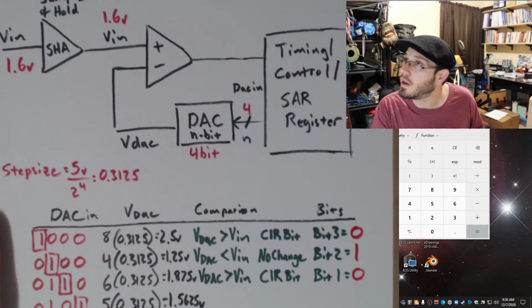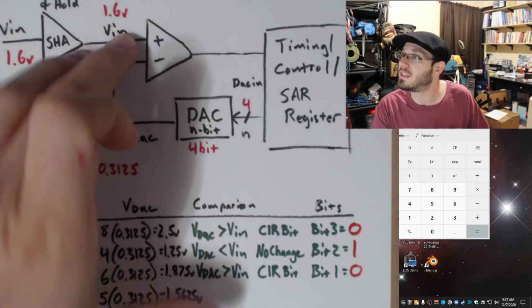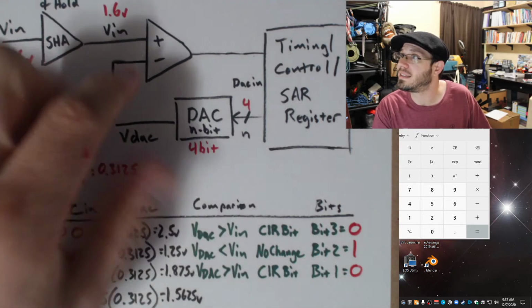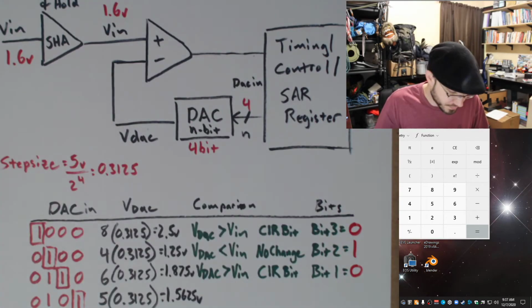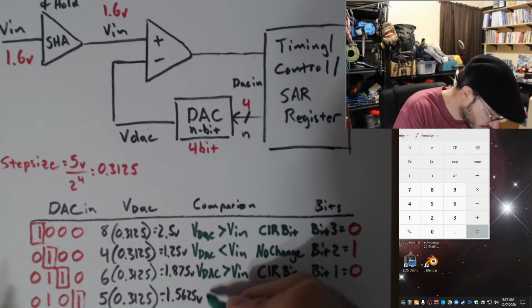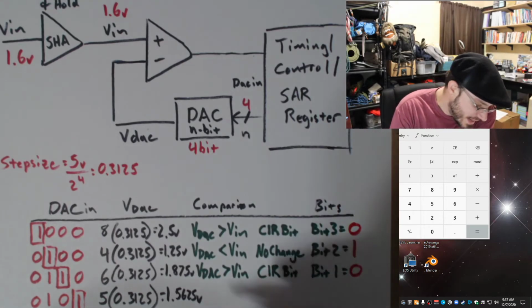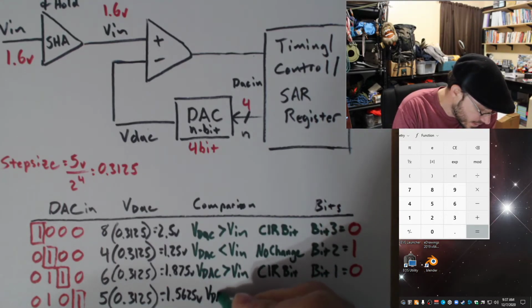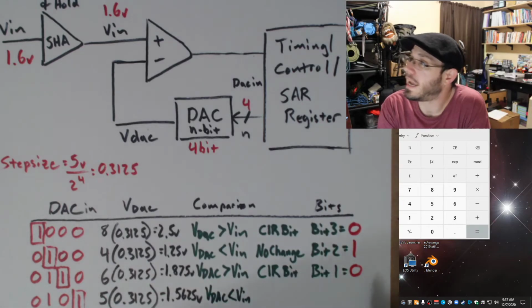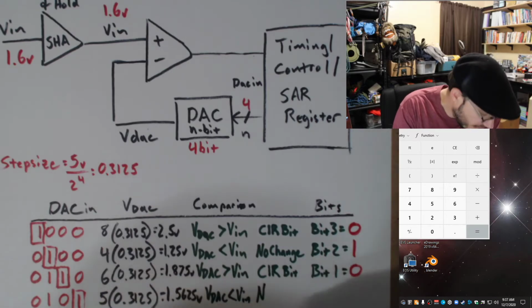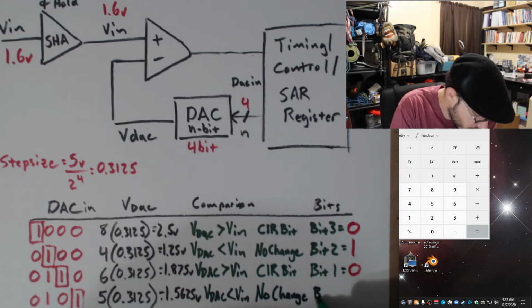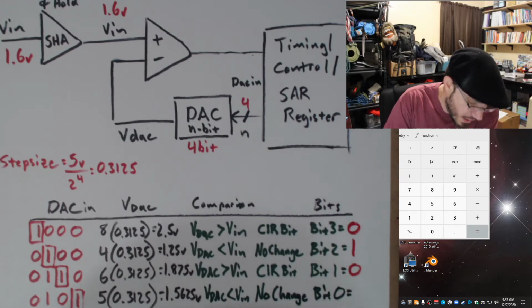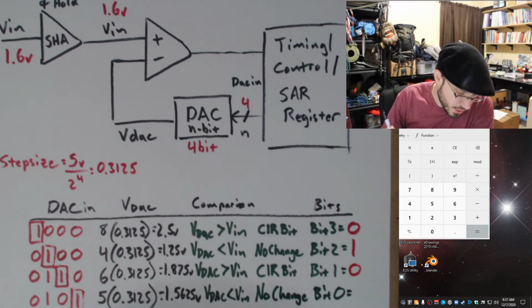Okay, again, we're going to compare 1.5625 to 1.6. The output of this comparison will tell us what to do. Since it is less than, we're going to do no change. Leave it set. Bit 0, therefore, is going to be equal to 1.